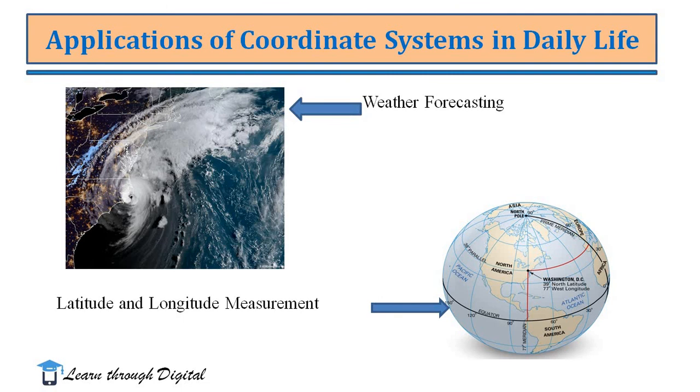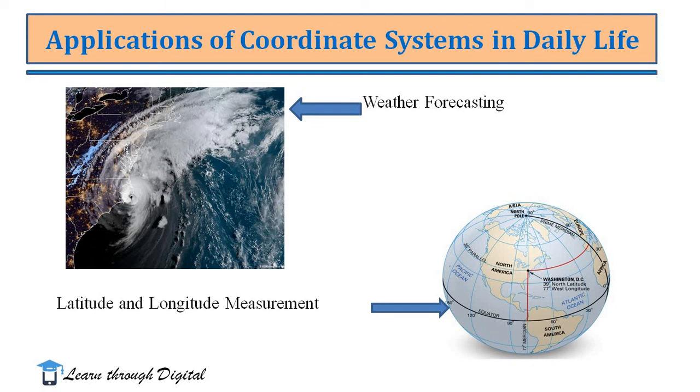Next application is weather forecasting. In real life, when weather forecasters are tracking hurricanes, they note the absolute location on a periodic basis to see the path of the storm and try to predict the future path based partially on these findings.